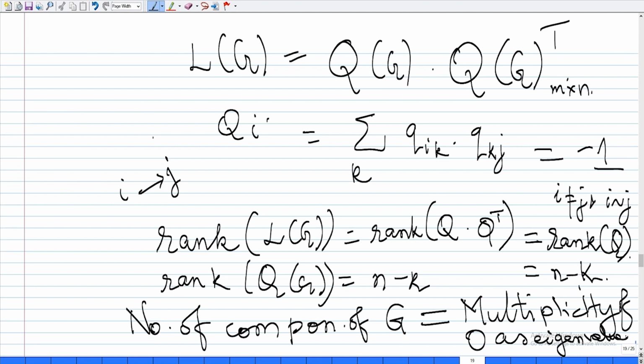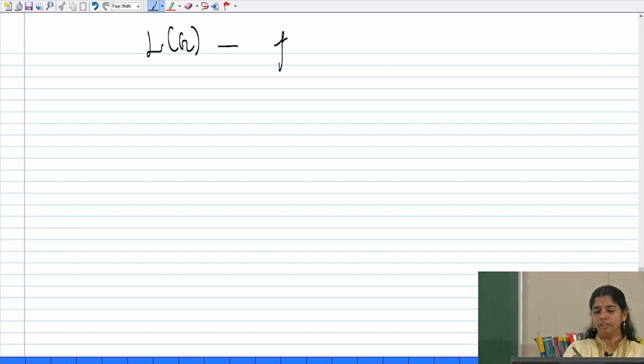And since we have Q transpose Q as my Laplacian, there is also another interesting property of L of G. I do not know how many have heard of positive semi-definite matrices.